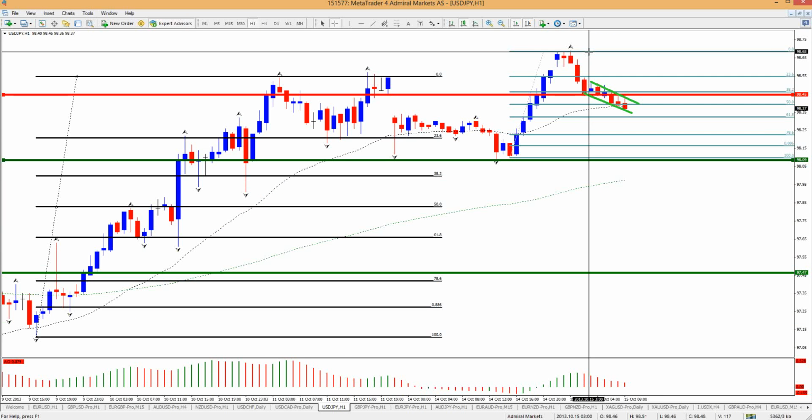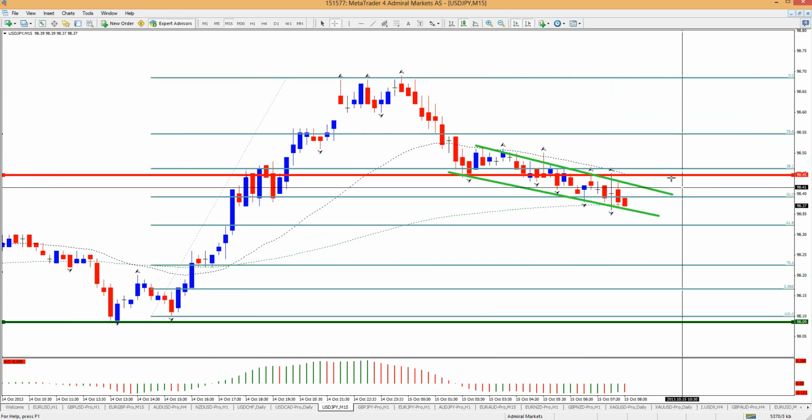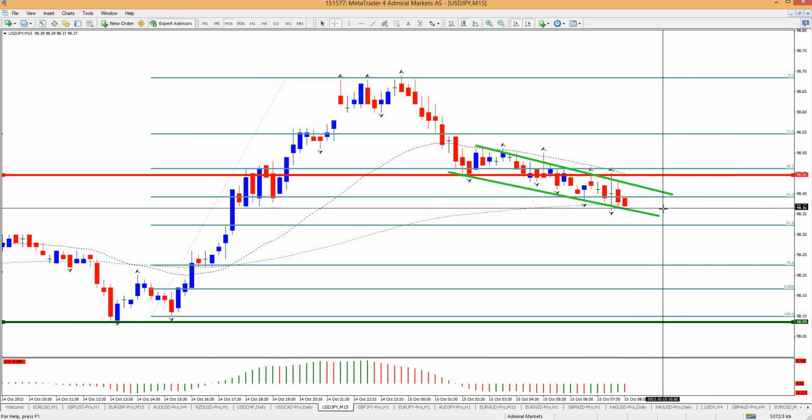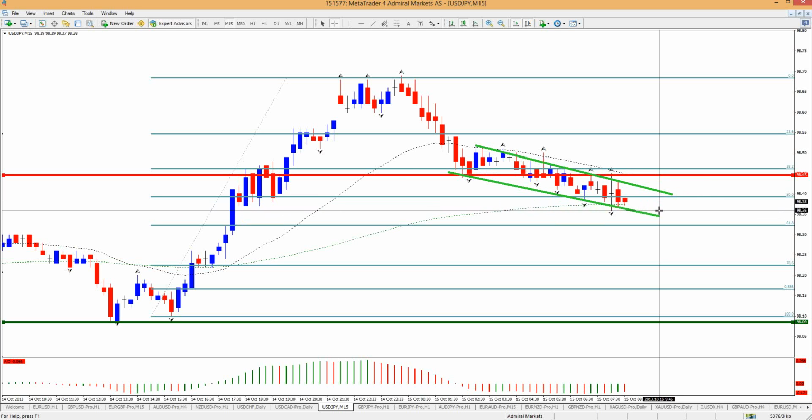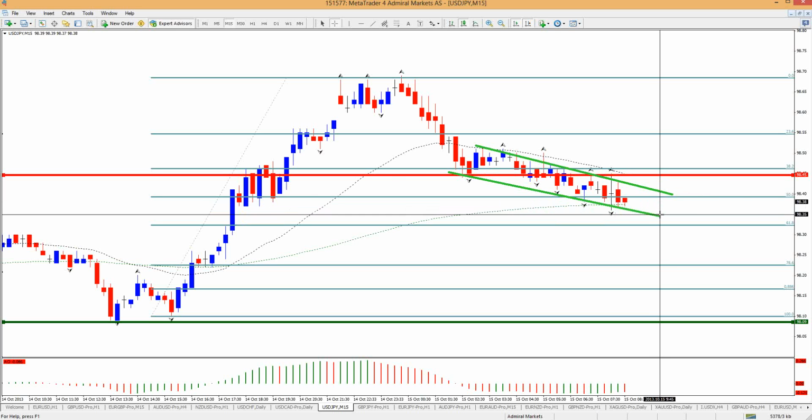So that was the answer I was thinking of. If we aim for 98.68, it's about 23 pips, and it's a relatively safe trade, 20 pips probably, and it's about 12 stop loss maybe, 13.